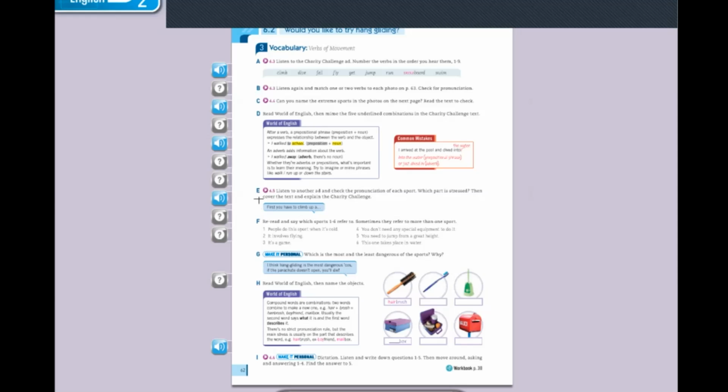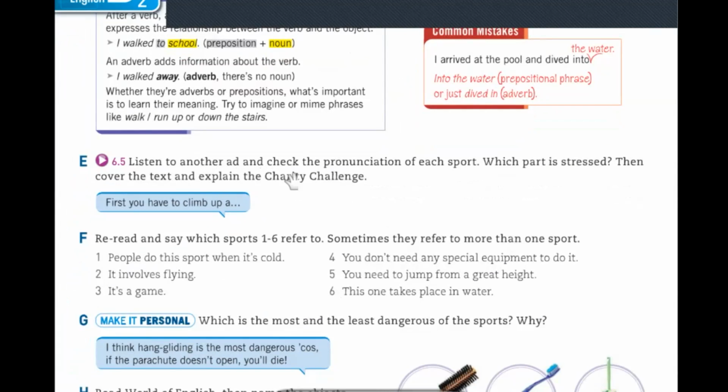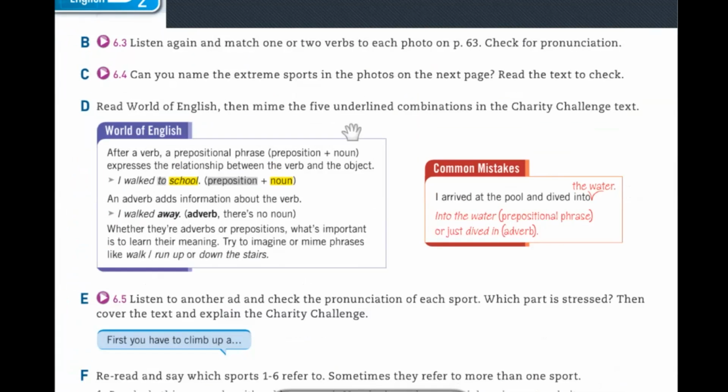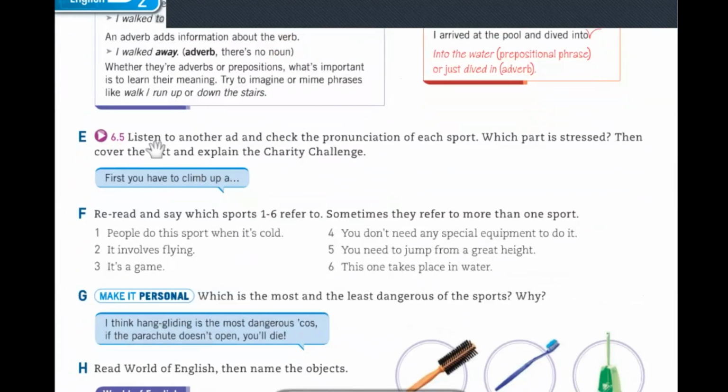All right. So then let's move to the next exercise. Listen to another ad and check the pronunciation. Well, I think there's something that I missed. Can you name the extreme sports in the photos?